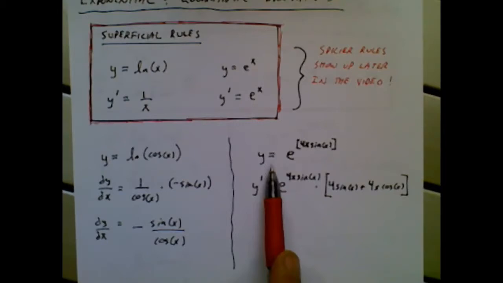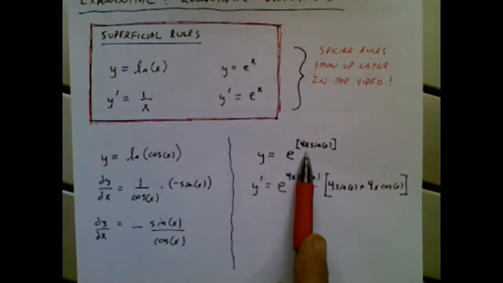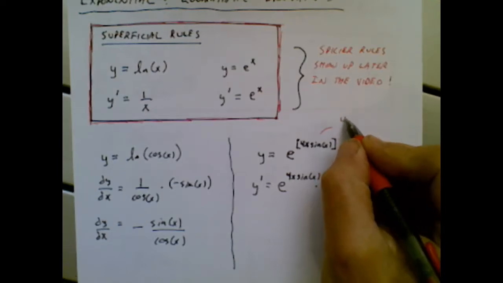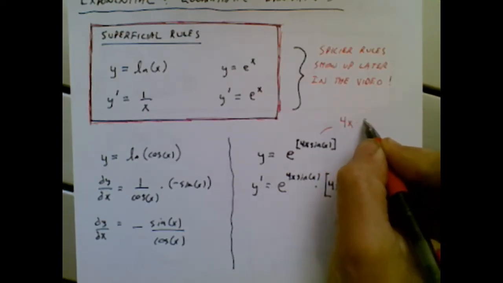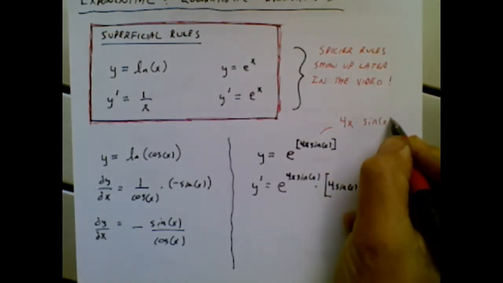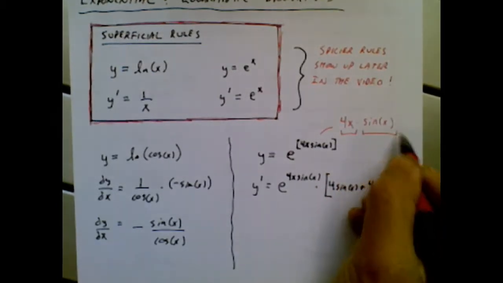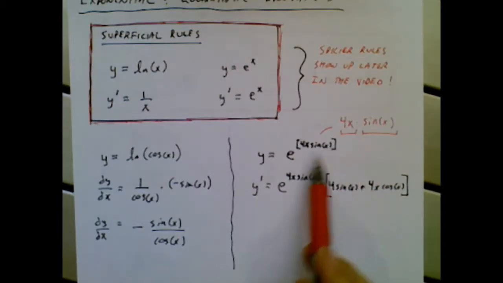Now let's look at this one. y equals e to the 4x times sine x. Sorry, resolution probably not so good. That's 4x times sine of x, which, by the way, I would notice right away that that's product rule. And this is an e to the something. This is a layers problem.